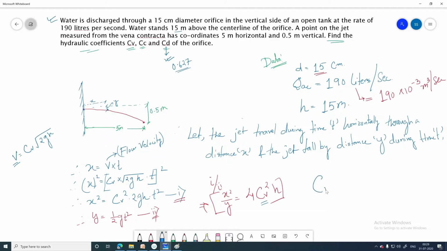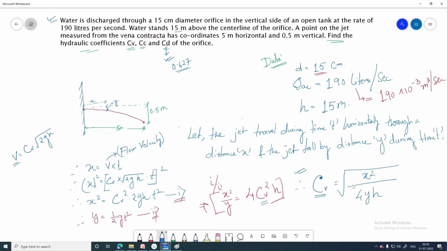So Cv equals root over of x square by 4yh. This is the final expression we need to determine the value of Cv. The derivation is very important.